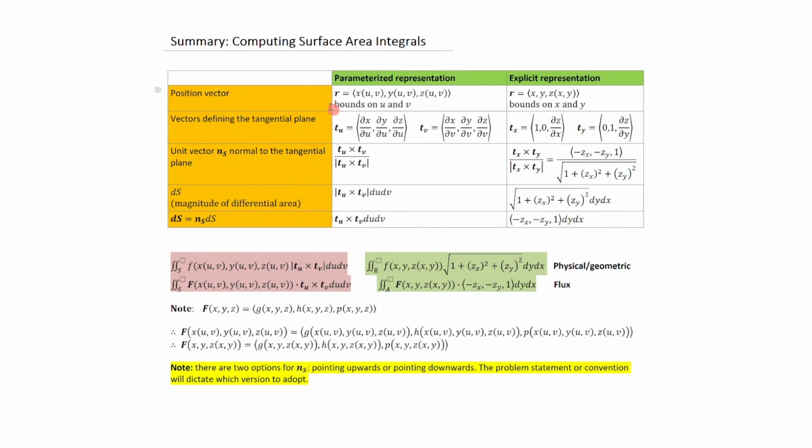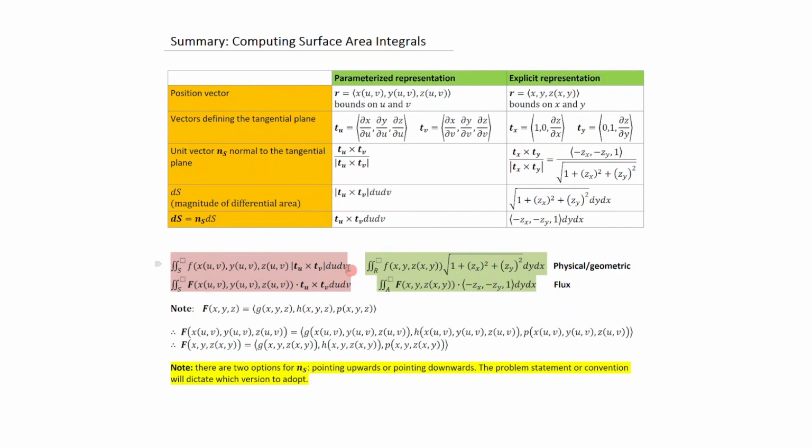What I haven't mentioned here is that not only do you need the parameterization, but you also need the bounds on u and v in this case, and the bounds on x and y in this case, because those bounds are the ones that you use for the bounds on the double integral. So here I've looked at the case when you're dealing with integration of a scalar function over surface area.